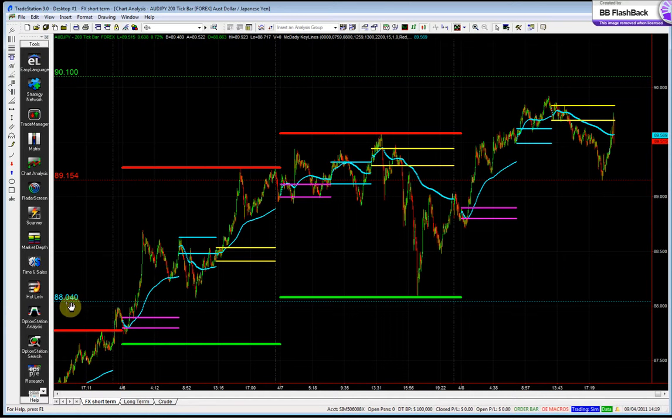Here's our 88.04, and as I mentioned last week, folks, it's very useful to transpose your significant levels onto your 200 tick chart, because you can just see how the price in a smaller time frame can really accentuate these levels. Okay, gives further clarification.